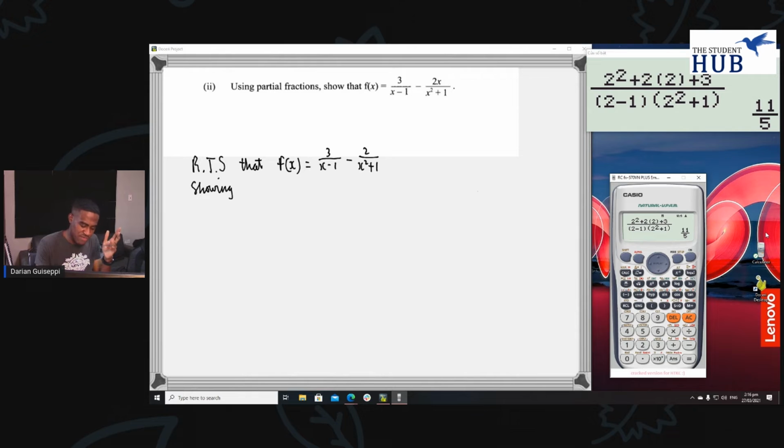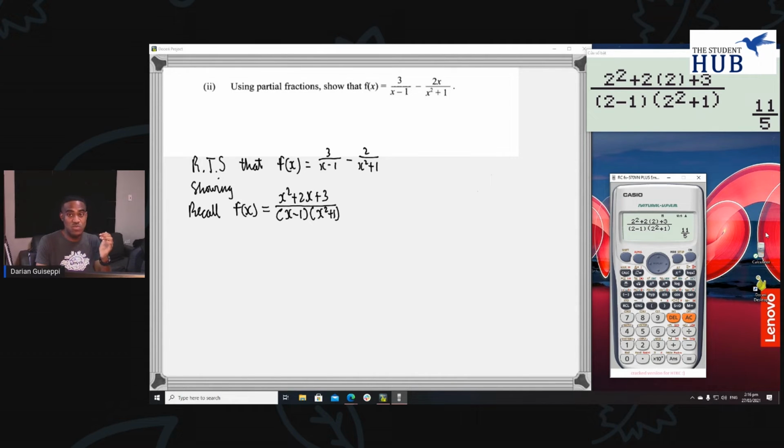But recall what f of x was from the previous question, part c, part i. f of x was this big rational fraction here. So partial fractions should come to mind.